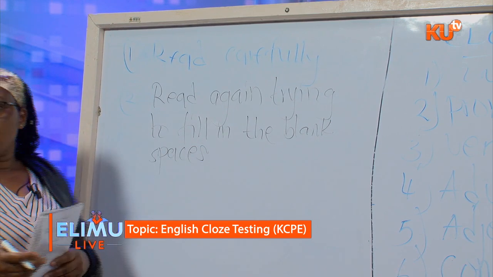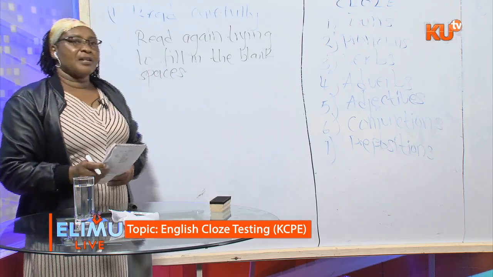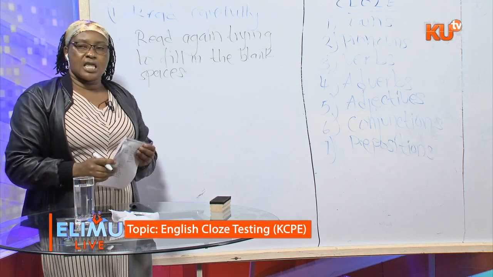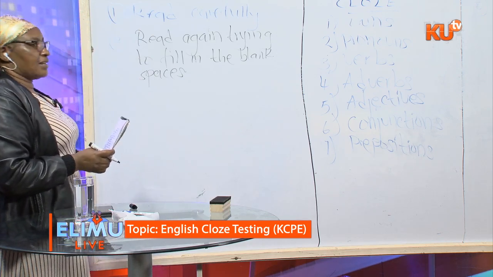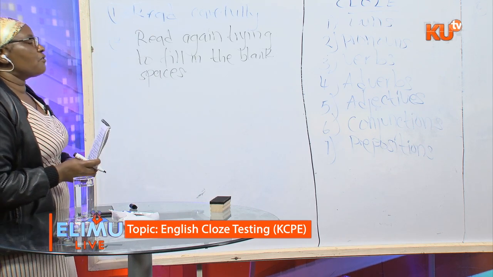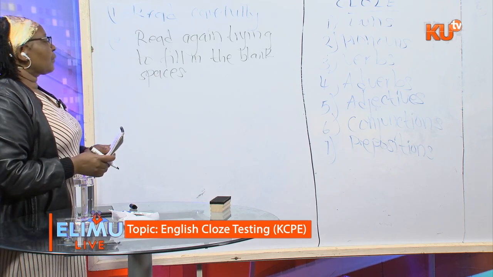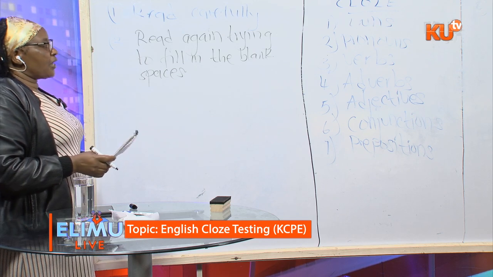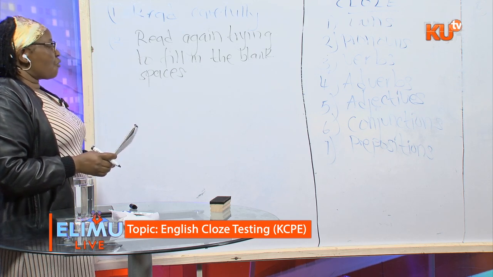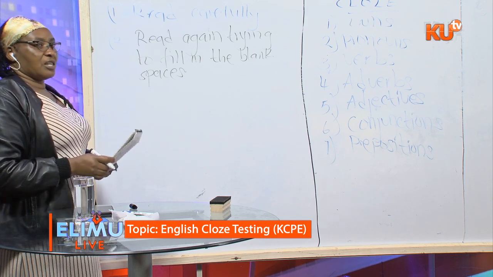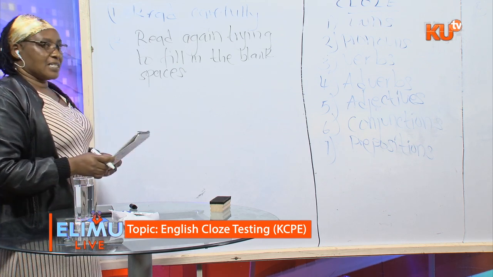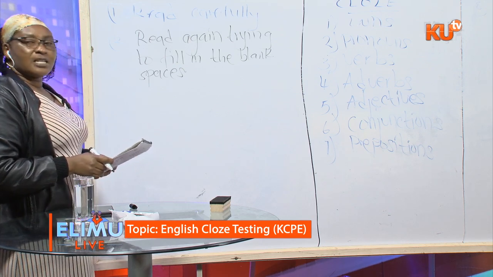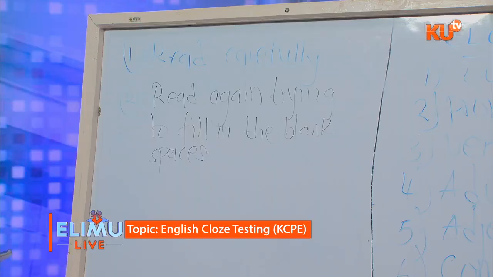As you read the second time, remember now you have understood this passage and you know from which topic it is set according to the topics that I have already outlined. Now, you read it trying to fill in your own words without looking at the choices. This will help you when you are selecting the correct choices.